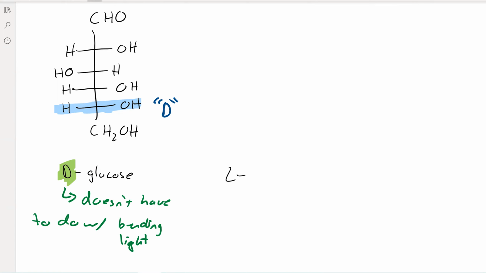So for example, L-glucose, which would be the enantiomer, is not found in nature.